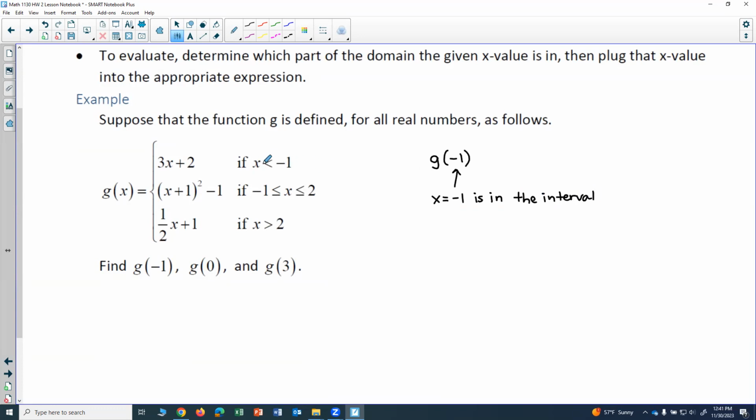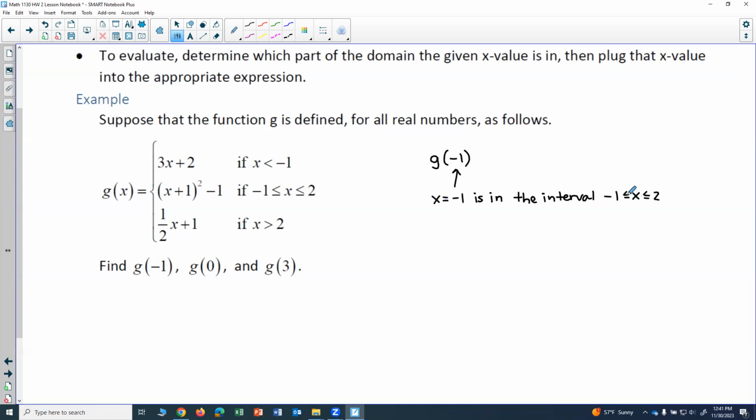Is it less than -1? No. Is it greater than or equal to -1 and less than or equal to 2? Yes. So it's in the interval -1 less than or equal to x less than or equal to 2.